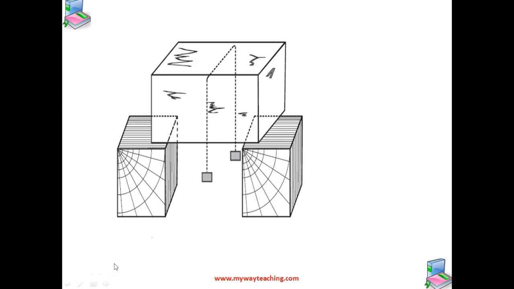Take a slab of ice and a metallic wire, and fix two blocks, as you can see in this figure, using a metallic wire. Say they are 5 kg each at its ends. Then put the wire over the slab, as shown in this figure.